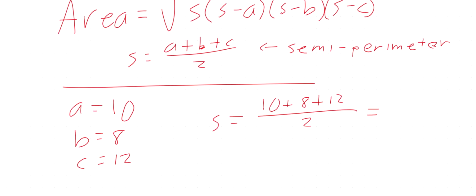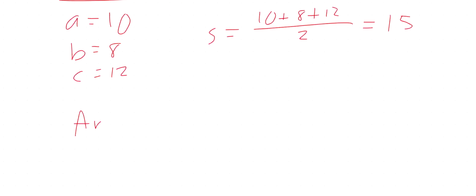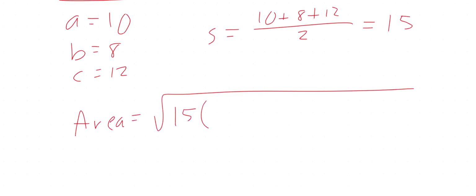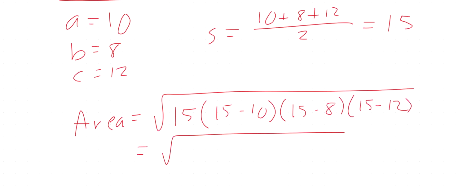All right, so our area is going to be the square root of 15 times 15 minus 10 times 15 minus 8 times 15 minus 12. So 15 times 5 times 7 times 3.